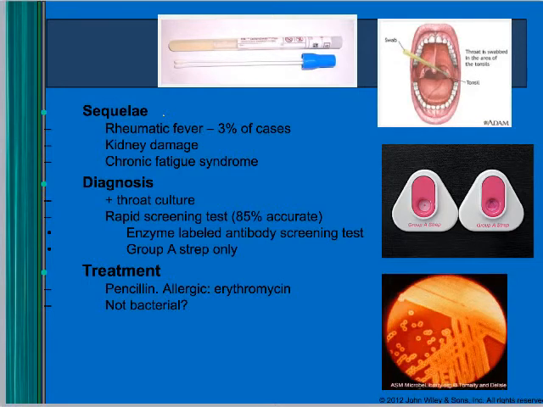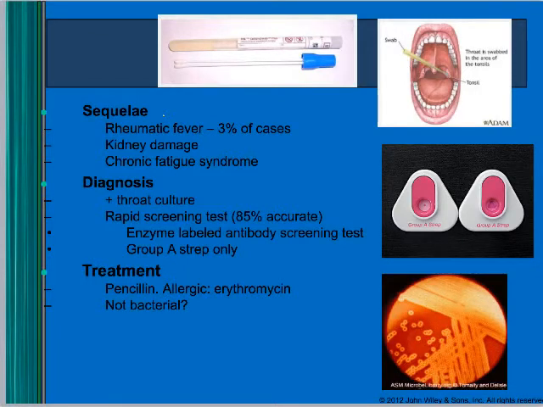It can also cause kidney damage, glomerular nephritis. The filter part of the kidneys actually gets destroyed by the antibodies made towards strep. So it's an autoimmune disease.